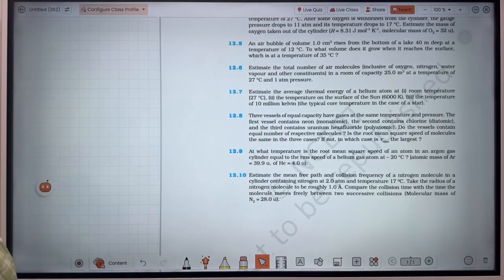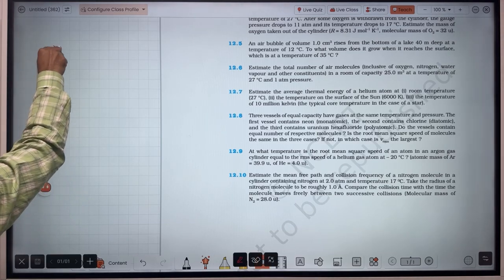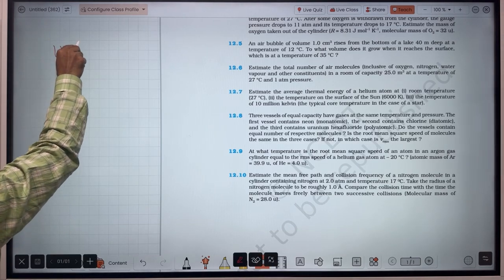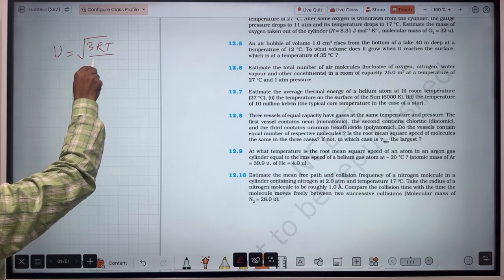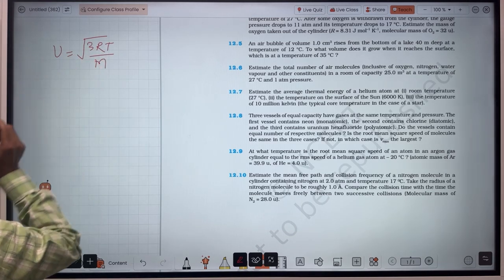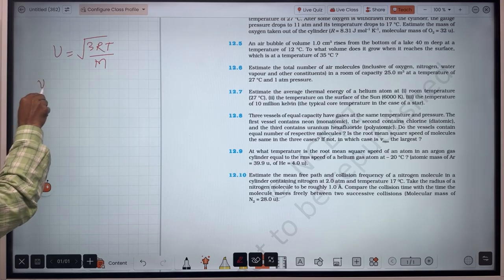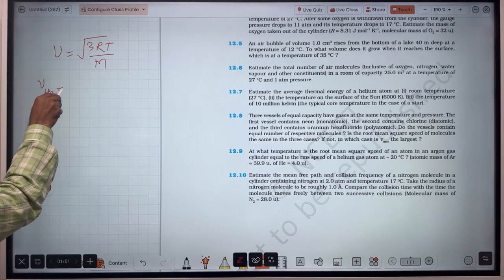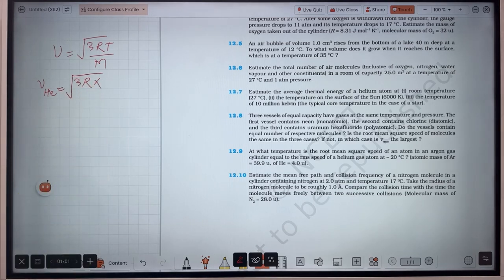So we can apply the formula. So V is given by V equal to root of 3RT upon M, right? So two cases we have to consider, and we will write. Suppose we write for helium: 3R into temperature.